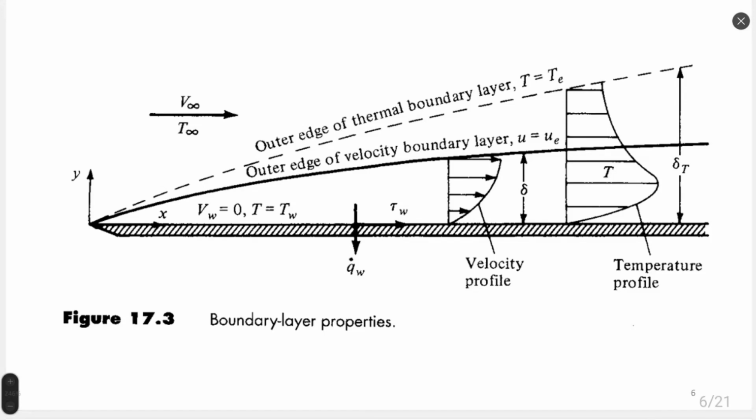We must compare velocity at infinity, V infinite, and velocity at each particular point. Outside of the boundary layer, velocity is equal to infinite velocity or external velocity, denoted here on figure 3 as UE. Everywhere where velocity is smaller, U smaller than UE, external velocity or edge velocity, we have flow inside boundary layer.